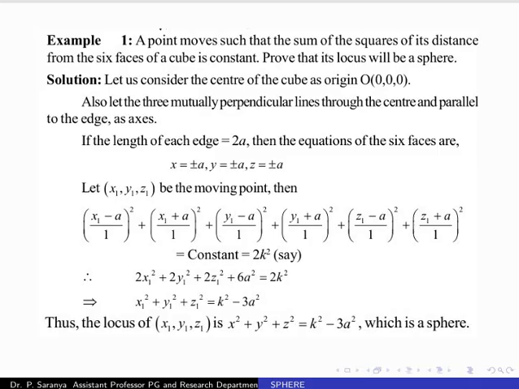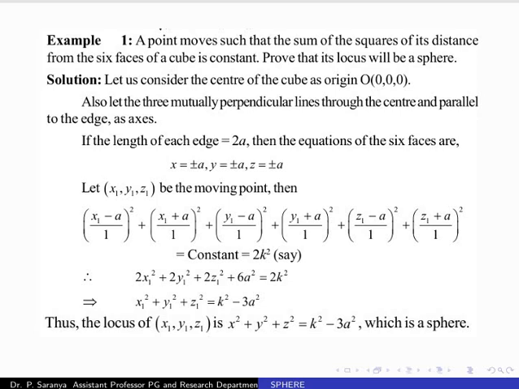If the length of each edge is equal to 2a, then the equations of the 6 faces are x equal to plus or minus a, y equal to plus or minus a, z equal to plus or minus a. Let x1, y1, z1 be the moving point.